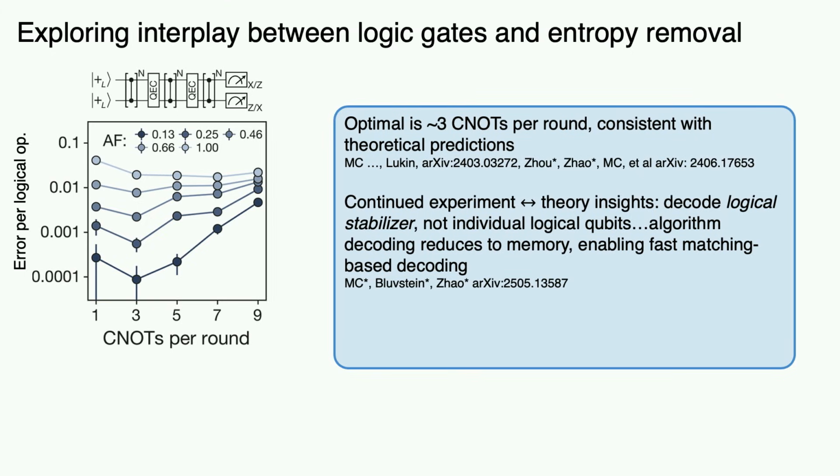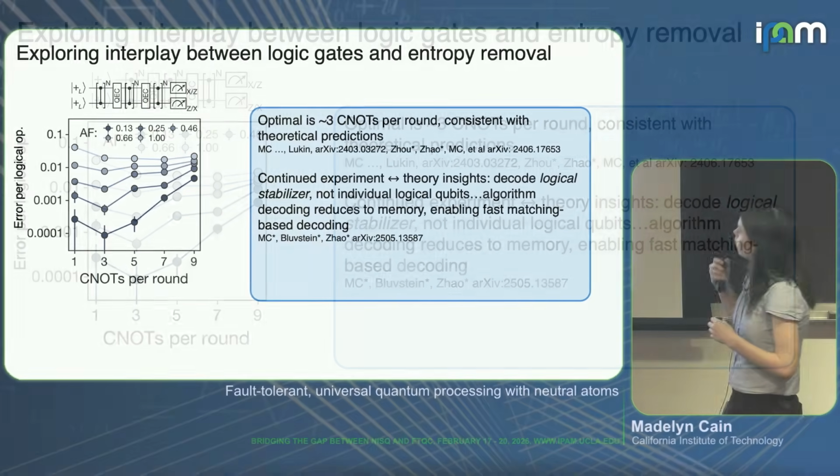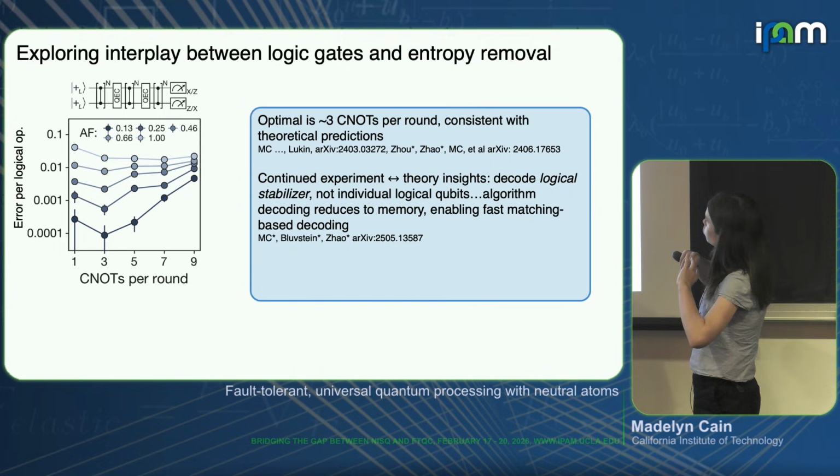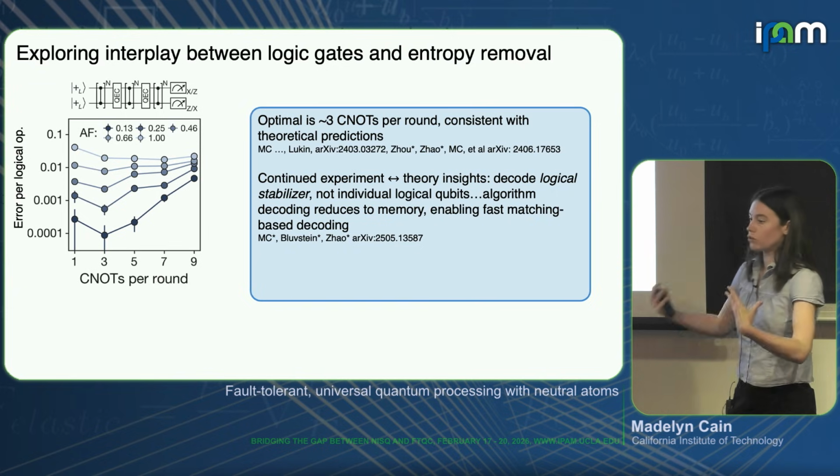Furthermore, we've had continued insights between experiment and theory here that have led us to understand that once you start doing these transversal gates and you start entangling qubits with very little error correction between them, you can get rid of these d rounds of error correction, but to do so, you need to decode logical qubits together.